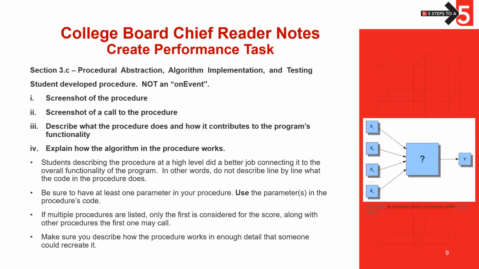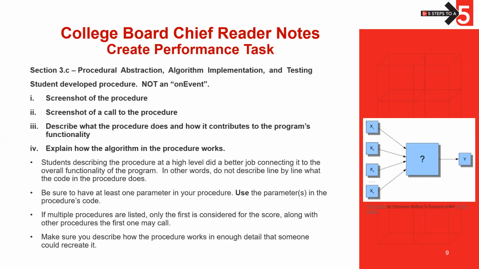The other is not necessarily wrong, but most students did a better job earning the point talking at a higher level about it. Do make sure you have at least one parameter in your procedure, okay? And make sure that you are using that parameter later on in your code. We definitely had examples where either there were no parameters or the parameter was there, but never used. Just like with lists, if you have multiple procedures included, then only the first one is considered for us to look at for your score, okay?